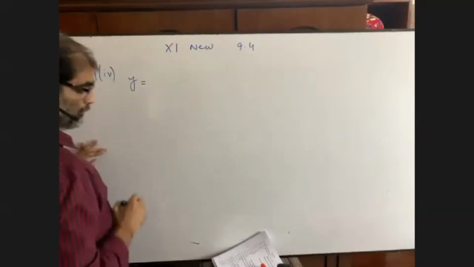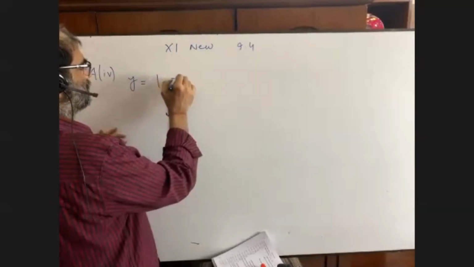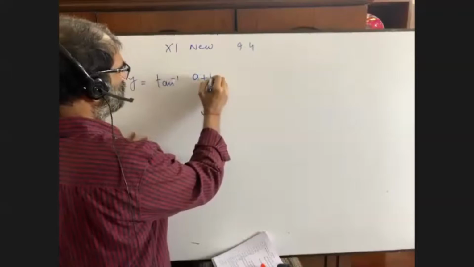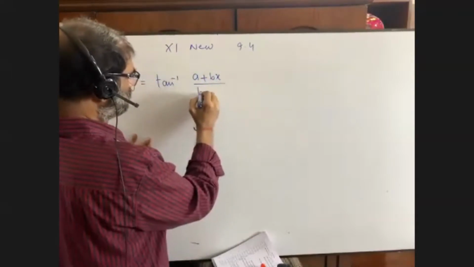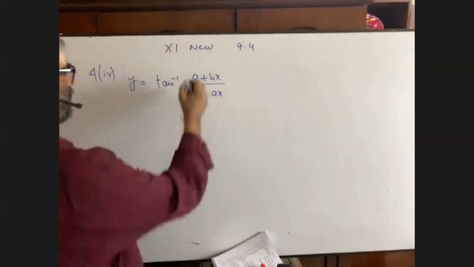y is equal to tan inverse (a plus bx). This is math, right? I told you it is as it is, okay?